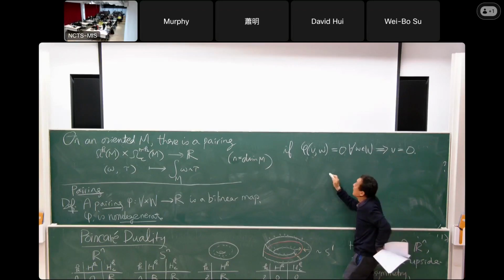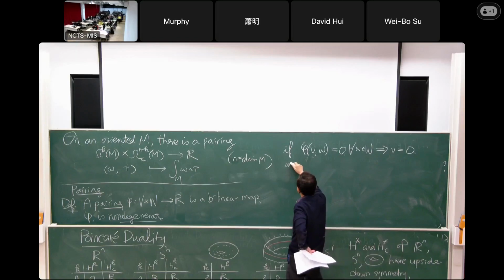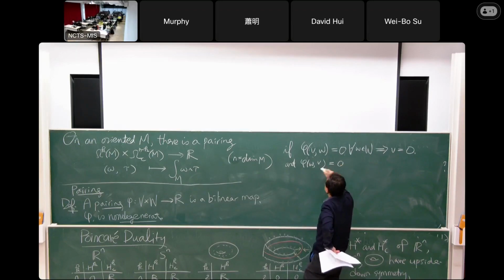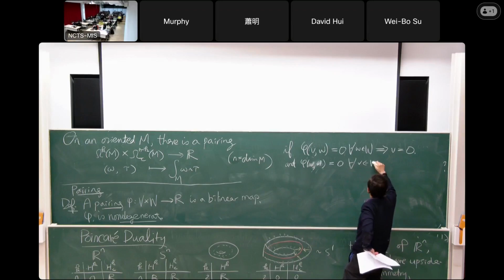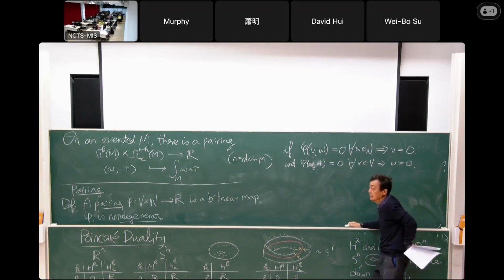And you can do it the other way too. If phi of V, W is 0 for all V in V, then that implies that W is 0.